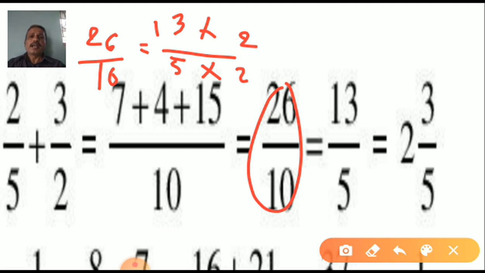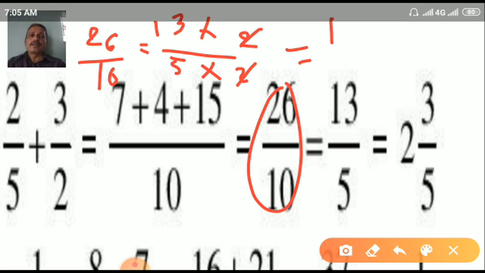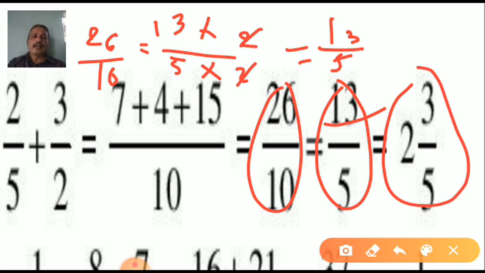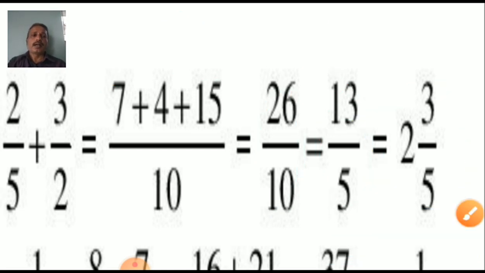And in place of 10 I can write 5 multiply by 2. Yes, now check it. Both the numbers having common 2, numerator and denominator. We can cut it. What is left here now, last student? Yes, 13 upon 5. Now again we can check, is 13 upon 5 a proper fraction? No, the numerator is bigger. So we can divide it and we can get the final answer 2, 3 upon 5.